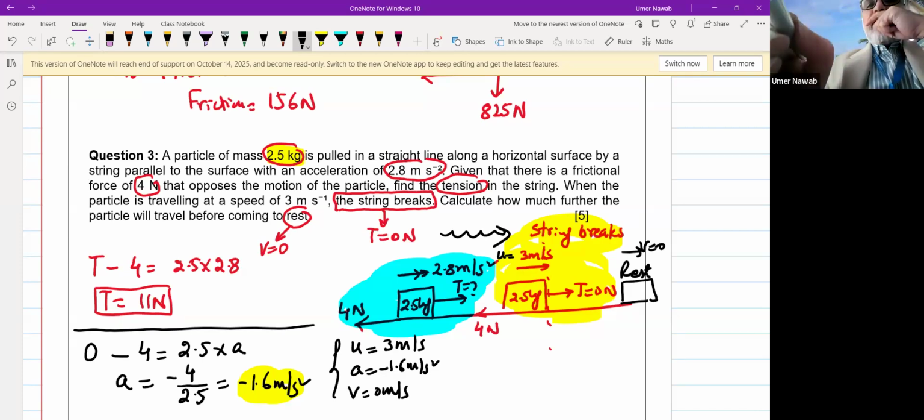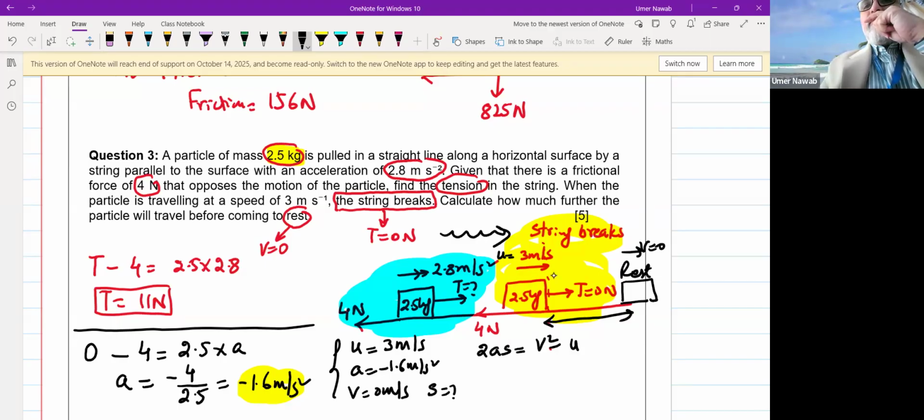As per the examiner, I want to find how much distance is covered by the body. So which equation of motion will be suitable for me? In this case, 2as is equal to v squared minus u squared. So 2 times negative 1.6, s is required. v is 0 squared minus 3 squared. I'm going to use my equation solver.